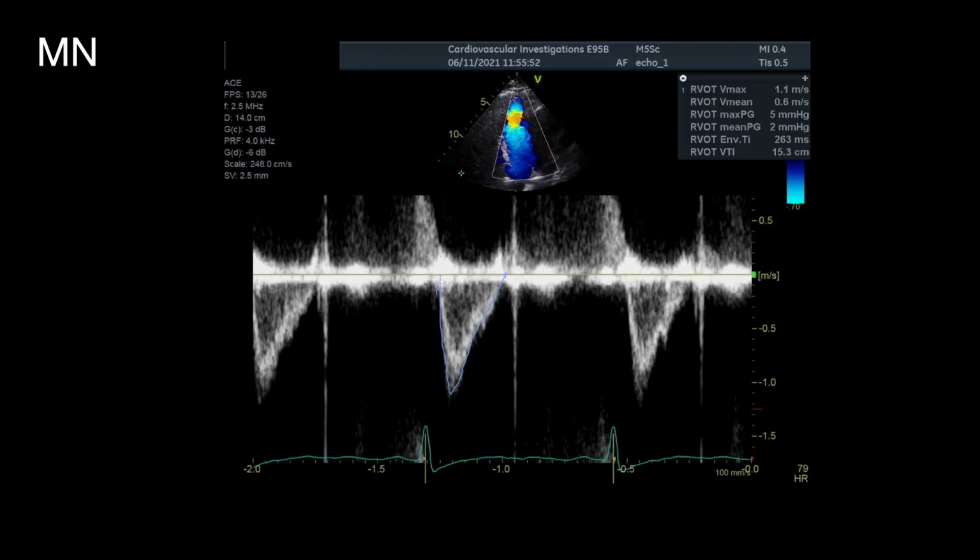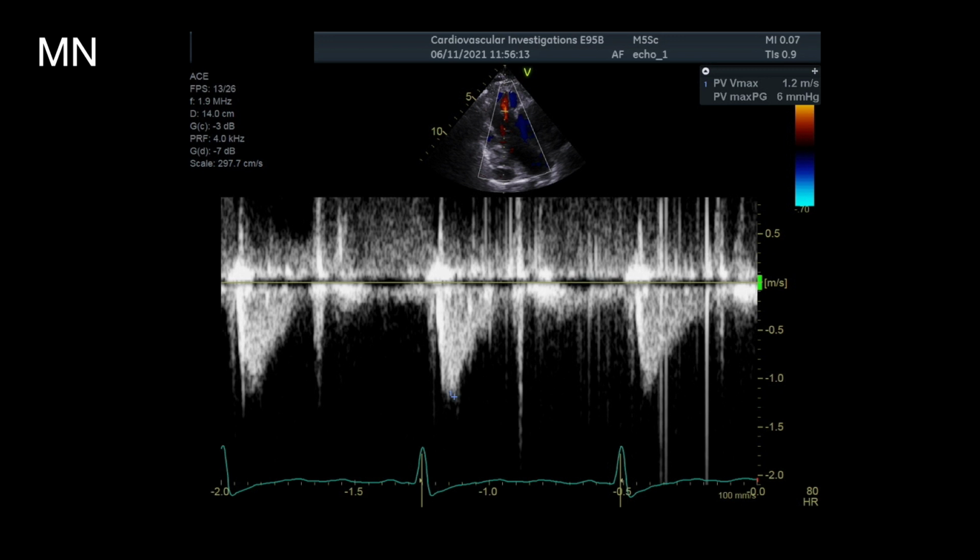And then pulse wave Doppler to measure the VTI and the RVOT Vmax. That all looks normal. And then continuous wave Doppler through the valve to calculate the peak gradient, which is also normal.